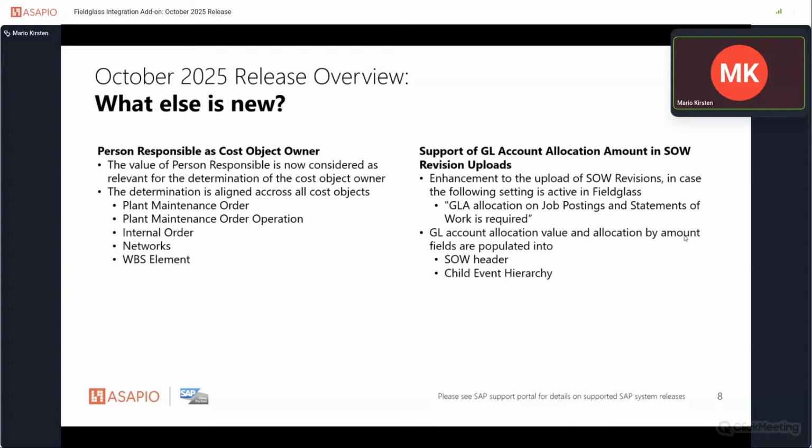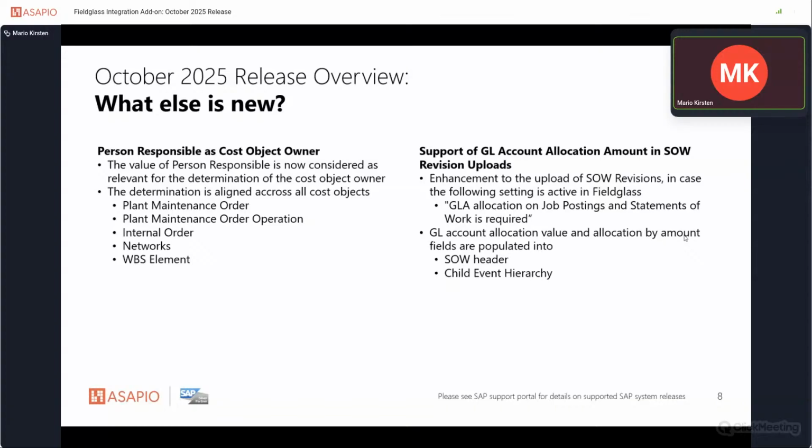The logic in the past was to look at the owner field of that specific cost object. If there is no owner maintained, then check the cost center maintained in those cost objects where the costs are being settled, and take the owner or the responsible person from there.